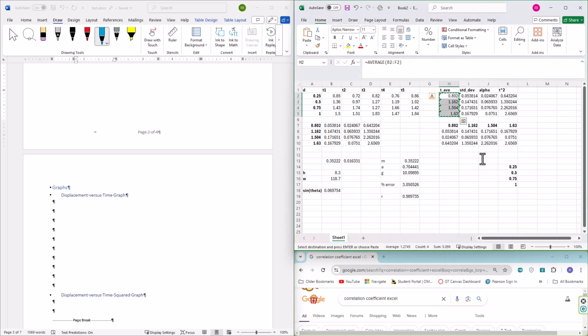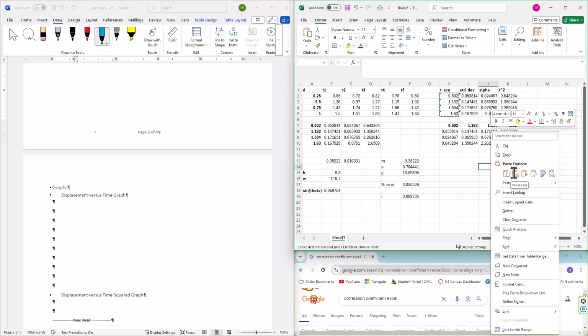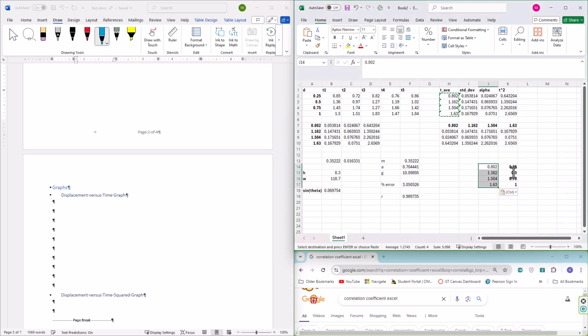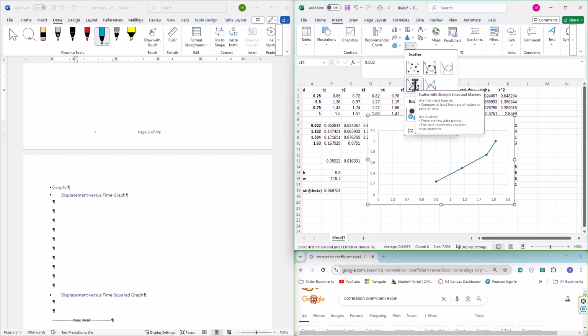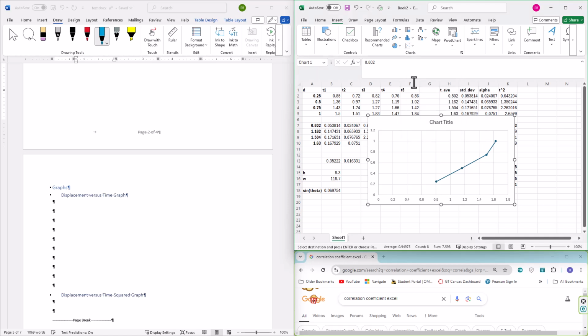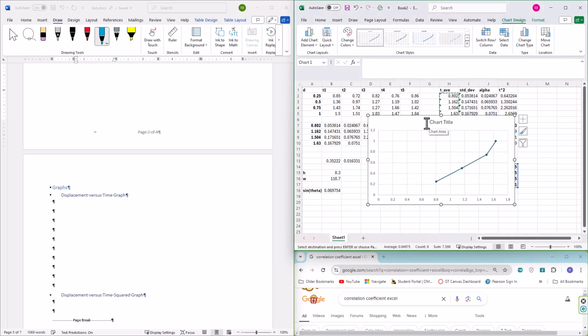Now remember, these are formulas. Come to the column before that and paste them as values. Now, once you've done that, you can then highlight both of these values. And then come over to insert, and we want to insert a scatter plot with straight lines. Okay, so there's our graph.